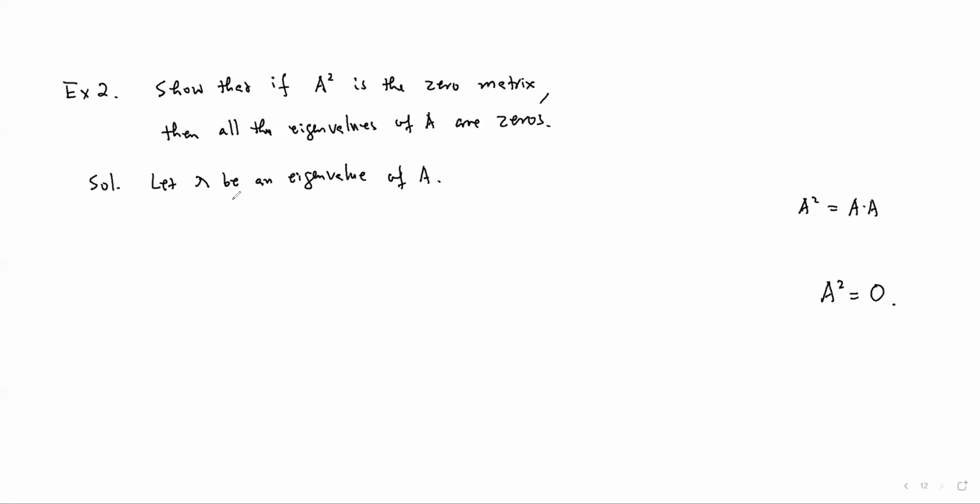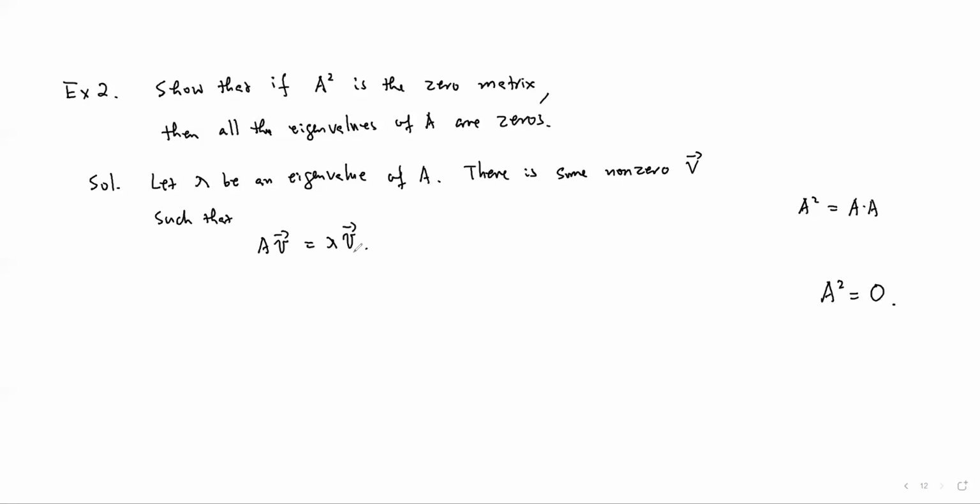Because lambda is an eigenvalue of A, by definition there is some non-zero vector v such that A times v is lambda times v.